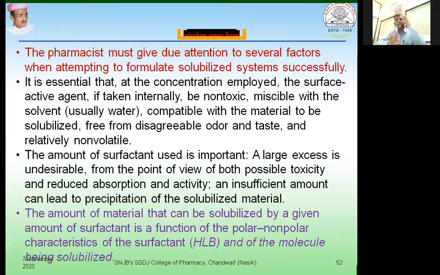The amount of material that can be solubilized by a given amount of surfactant is a function of the polar and non-polar characteristics of the surfactant and of the molecule being solubilized.